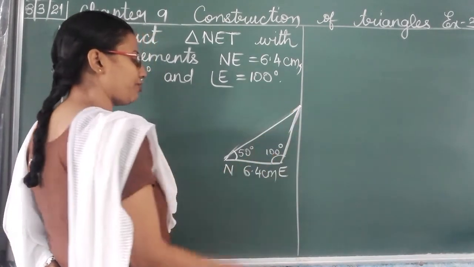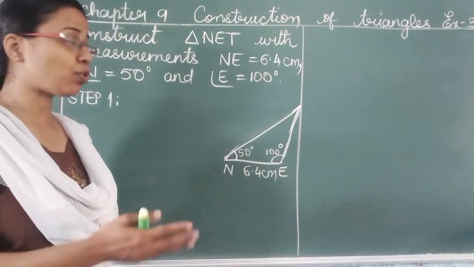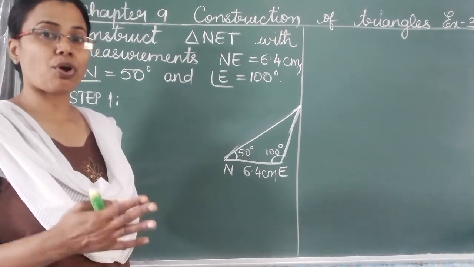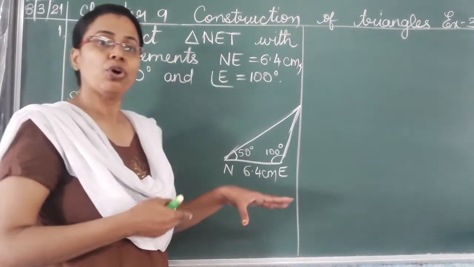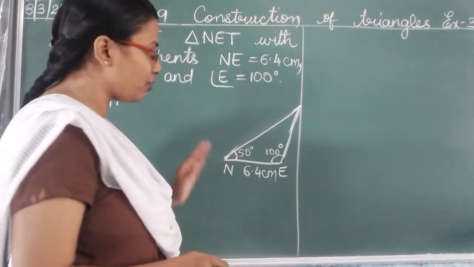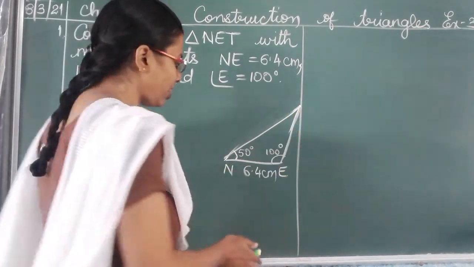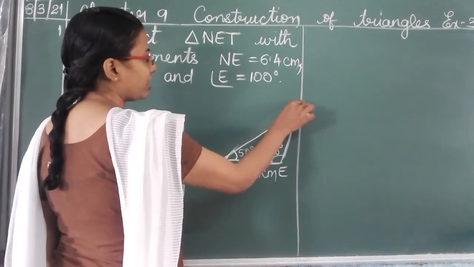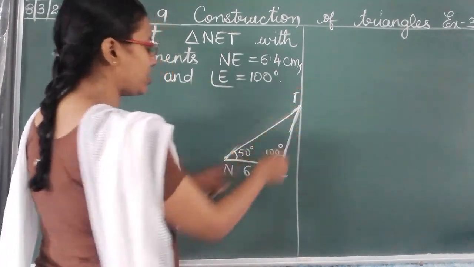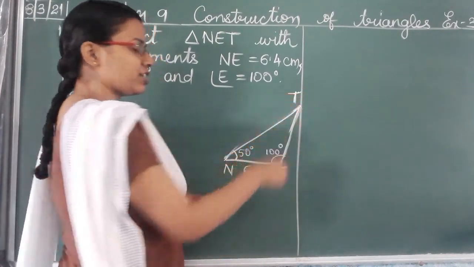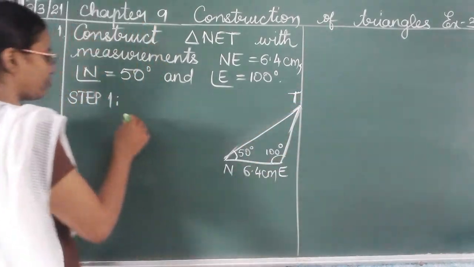And the point of intersection of these two rays, we are going to draw the rays, because when we mark the angle, we are going to draw a ray which can be extended. Okay. So the meeting point here, this is your T. This part is T. Understood? This is the rough figure that we have drawn.